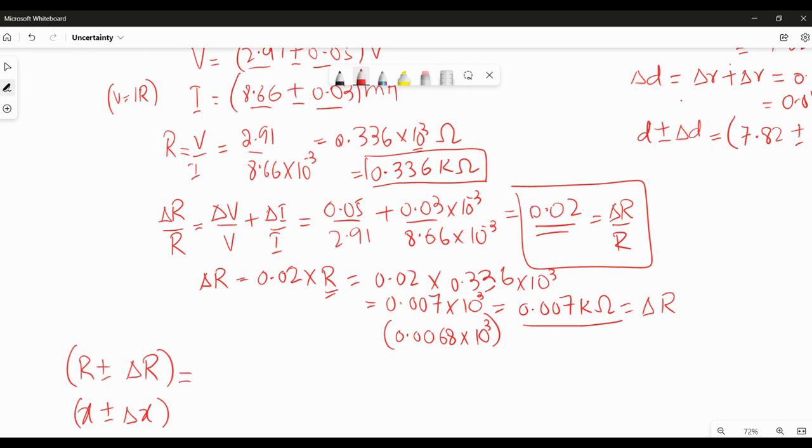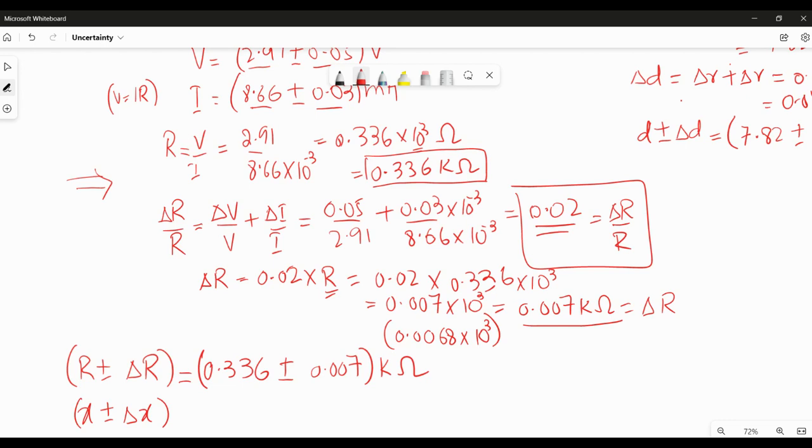If I wish to write down the value of resistance with its absolute uncertainty, I will write down the average value of R, which I calculated in this step using R equals V by I. And that value was 0.336 with a unit of kilo ohms plus minus its absolute uncertainty, which must also be in kilo ohms, which is 0.007. I can just write kilo ohms once outside the bracket. So that becomes a representation of resistance with its absolute uncertainty.